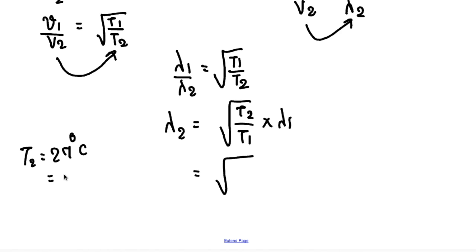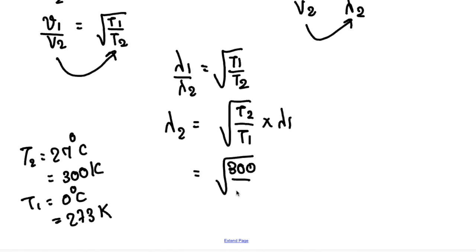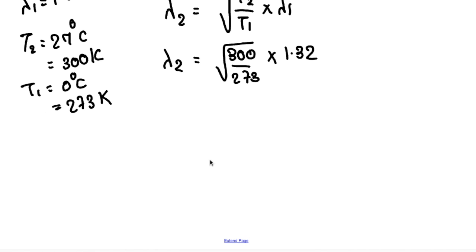Let us convert it into Kelvin, that is 300 Kelvin, and my temperature T1 is 0 degrees Celsius, that is equal to 273 Kelvin. Now 300 upon 273 multiplied by lambda 1. Lambda 1 is already given to me, that is 1.32 meter. Multiplying it over here, I'll be getting lambda 2. So for further calculation, my lambda 2 will be equal to 1.38 meter.